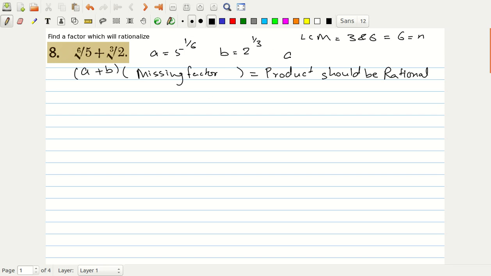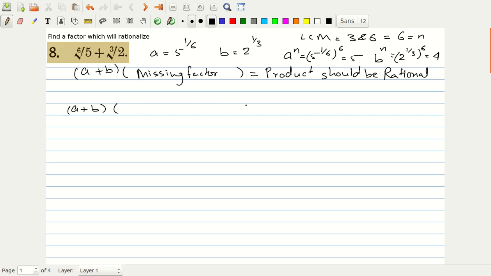So a to the power n is 5 to the power 1 by 6, to the power 6, which is going to be 5, and b to the power n is 2 to the power 1 by 3, to the power 6, which is going to be 4. And a to the power n and b to the power n are both rational. So we have been given a plus b.